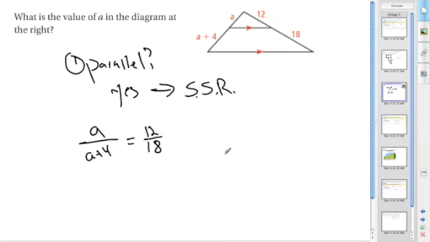So, cross multiply, we have 18A equals 12A plus 48. So we have 6A equals 48. And then 48 divided by 6, we have 8. A equals 8.